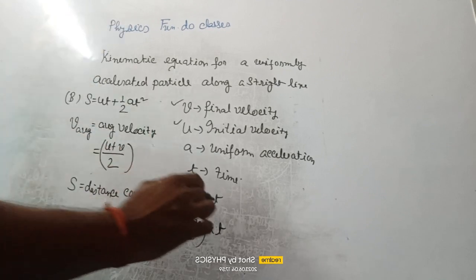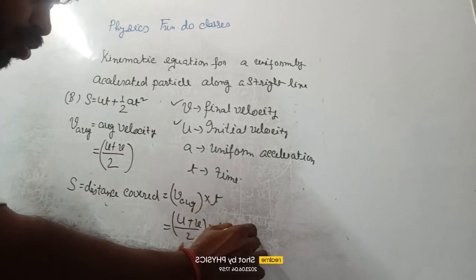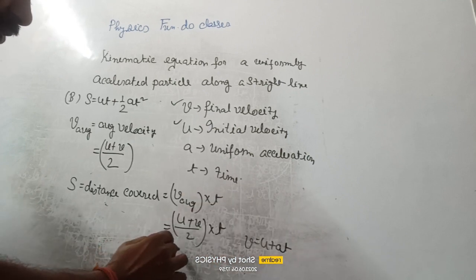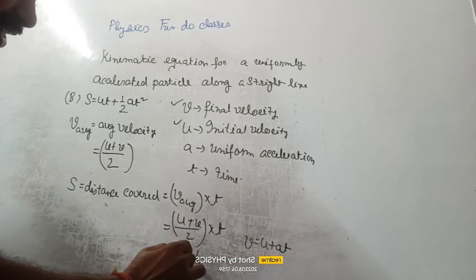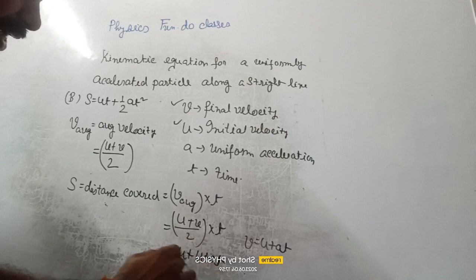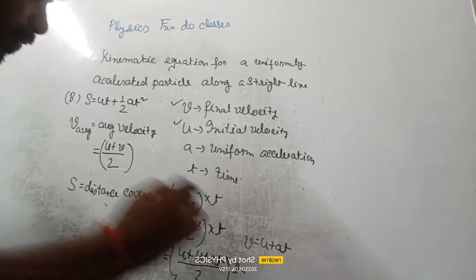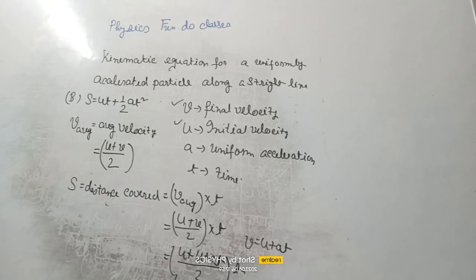Now we know that v equals u plus at. Putting it, u plus u plus at by 2 into t, that is equal to 2u plus at by 2 into t. Right?